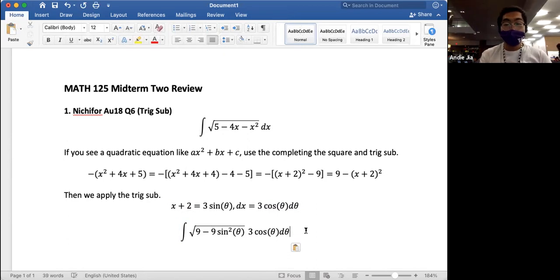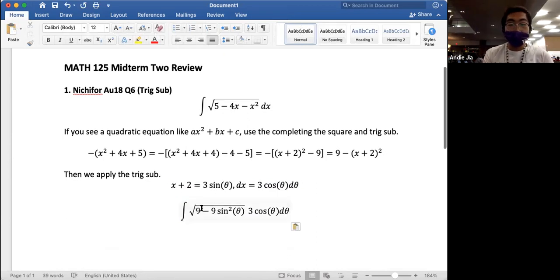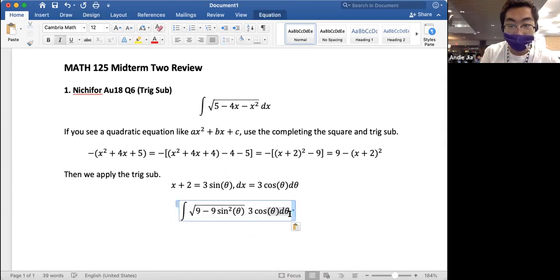Then just put this as 9 times (1 minus sine squared), which is 9 cosine squared. So I'm gonna write it out.